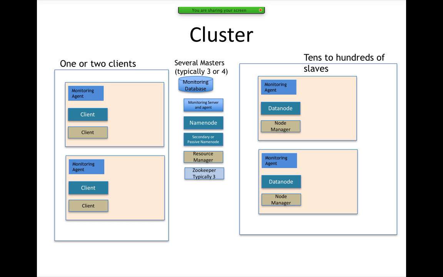So this is how the cluster looks like. You will have tens to hundreds of slaves, which are represented by 2 large rectangles. Here each large rectangle is nothing but one physical server.